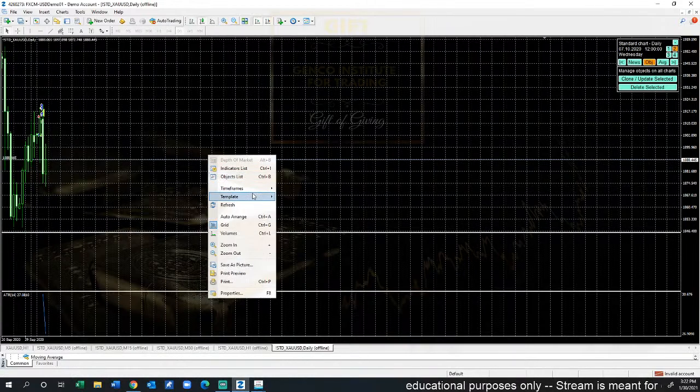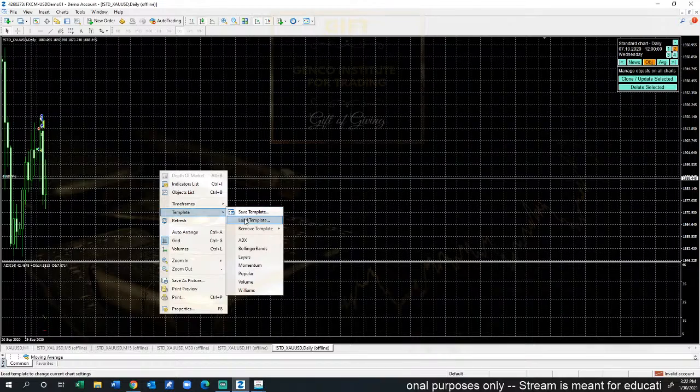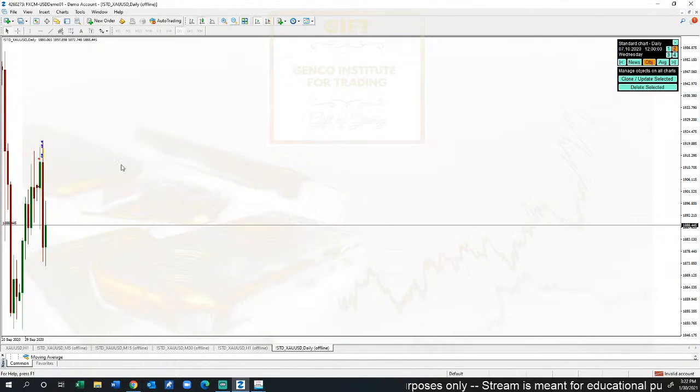I don't know why I did that though. Why did my template not load up? Yeah, look at that daily. I don't know why it didn't load previous dates, it doesn't even zoom back.